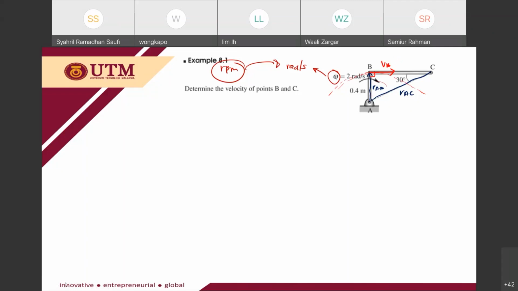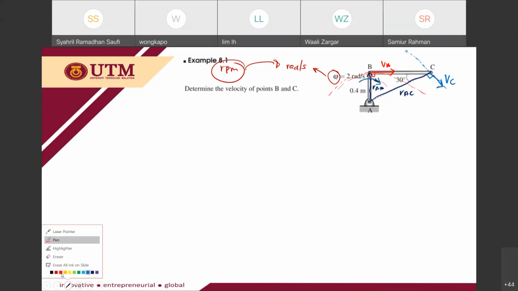And then for C, this is the line of velocity, not the line of motion. Since omega is rotating clockwise, this should be my VC, 90 degrees to the radius.